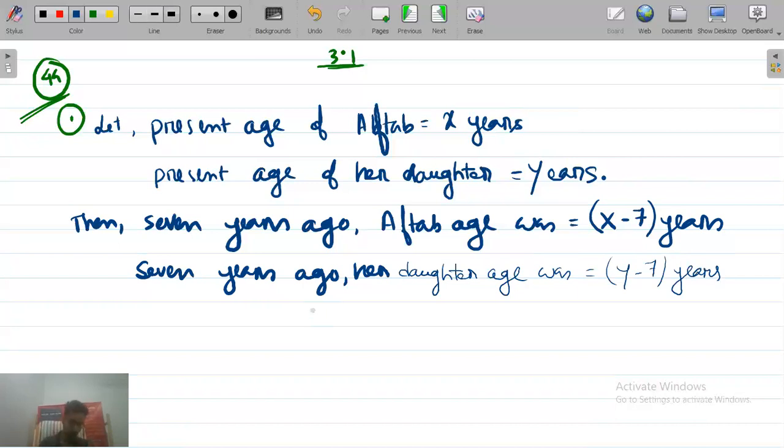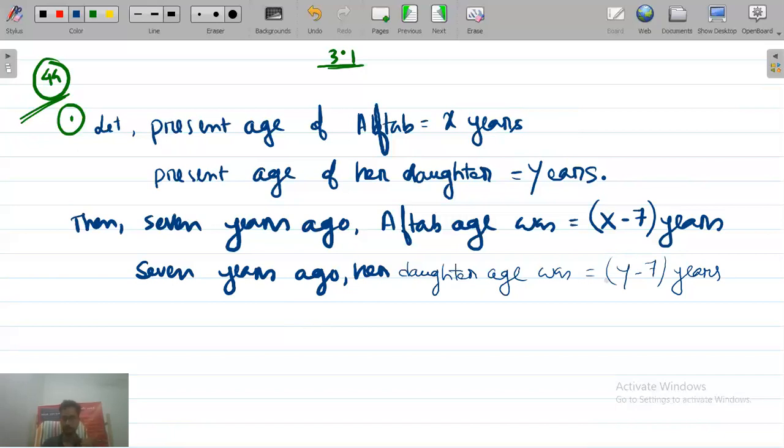Now see the first situation, the first condition. 7 years ago, I mean Aftab, was 7 times as old as you, and here you means his daughter. So 7 years ago, I was 7 times as old as you were then. The equation will be x minus 7 equal to 7 into y minus 7.